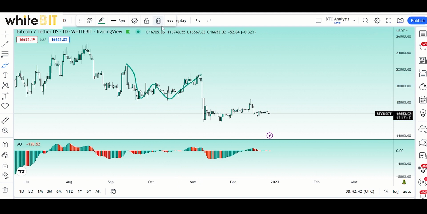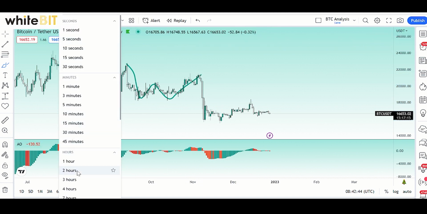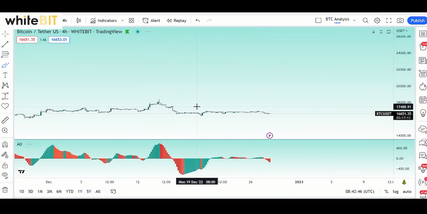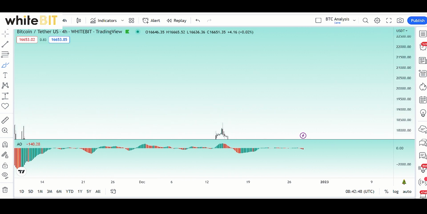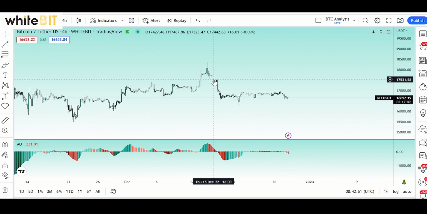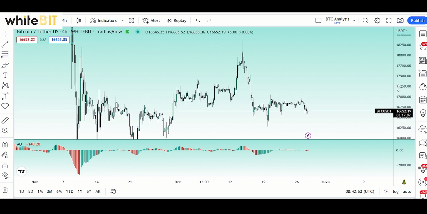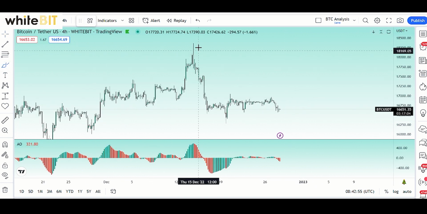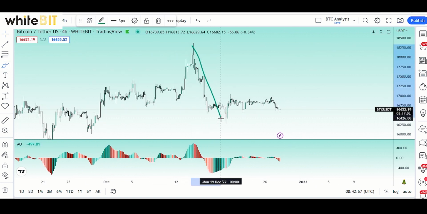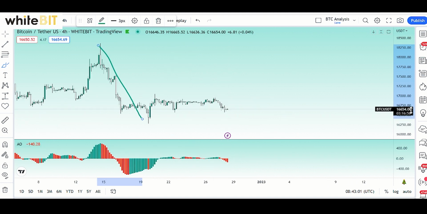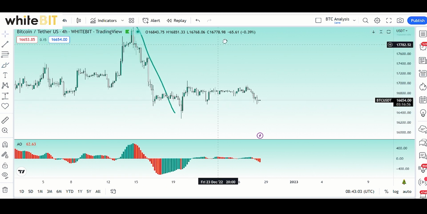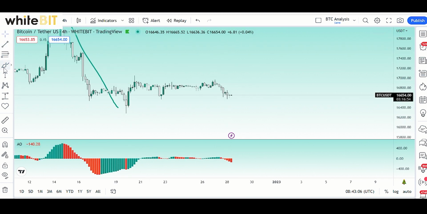Let's switch to the local time frame, for example hourly, to show in detail how this wave 5 is now printing. Here we can see that it was the wave 1 obviously, because there was no correction, and now we are in wave 2. I suppose wave 2 should be represented as a zigzag correction, something like this.